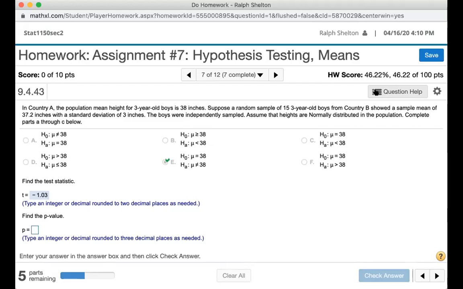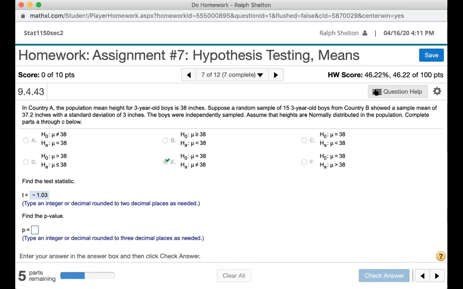Because the middle of the distribution is t equals 0. But it could also be a number greater than positive 1.03. That would be more extreme than that t value. And p is the probability, the area in both of those tails, of getting that extreme a number. So let me make the drawing here. Okay, and we have a t of minus 1.03.